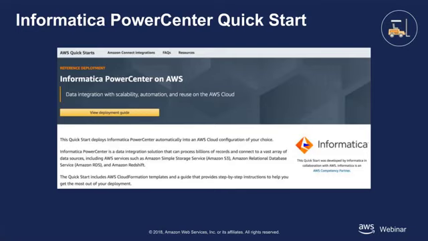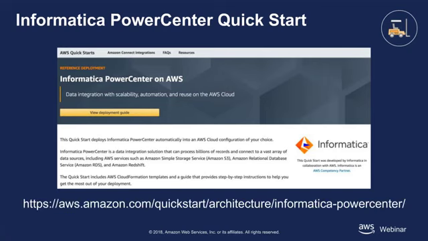You can build and test your production environments in just a few steps, and you can start using it right away. So if you're interested in running Informatica Power Center on AWS, we recommend you launch it using this quick start. And you can see how Informatica Power Center accesses cache, source, and target files stored on an EFS file system.